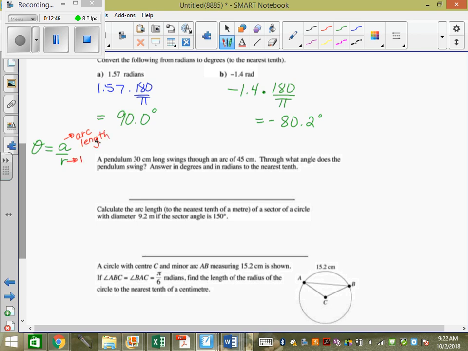This is your radius. The catch also is these have to be in the same units. Never really seen that be a problem, but they do have to be in the same units.